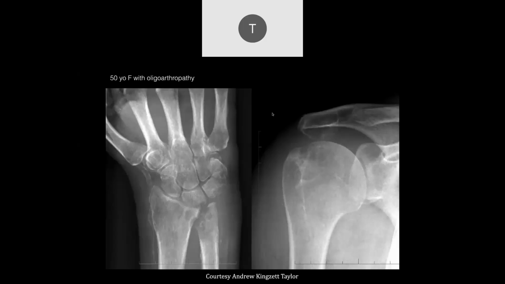Okay, Elior. So a 50-year-old with oligoarthropathy. You see a lot of bone erosions at the distal radial ulnar joint, various places in the wrist, also in the shoulder.